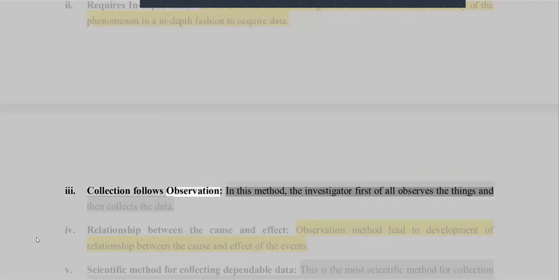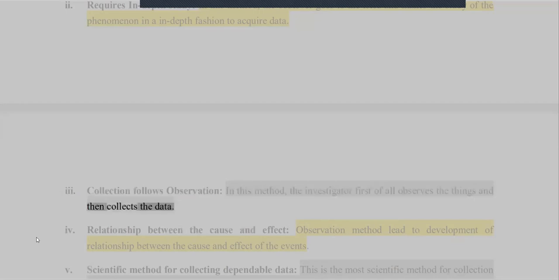Collection follows observation. In this method, the investigator first of all observes the things and then collects the data. 4. Relationship between the cause and effect. Observation method leads to development of relationship between the cause and effect of the events.